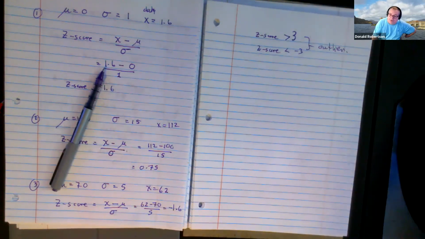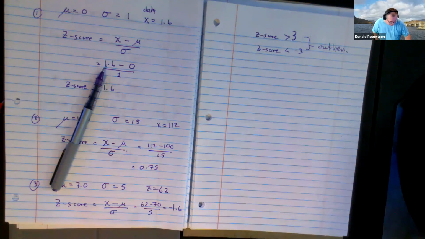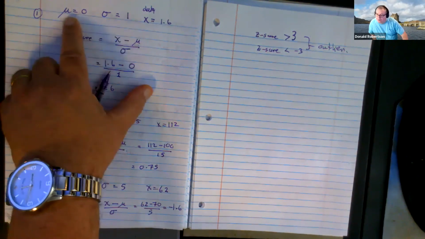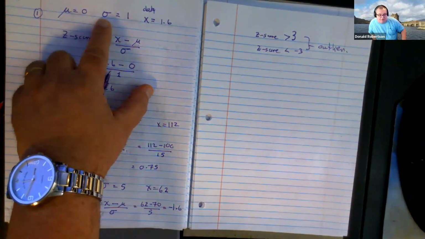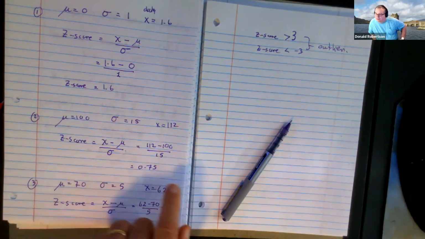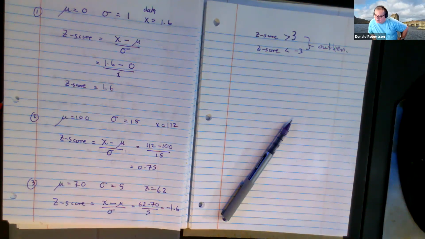Are we comfortable with the new notation? Well, maybe not so new, but sigma is standard deviation and mu is population mean, and you can calculate z-scores when you're given population information, which is what these are. Any questions?